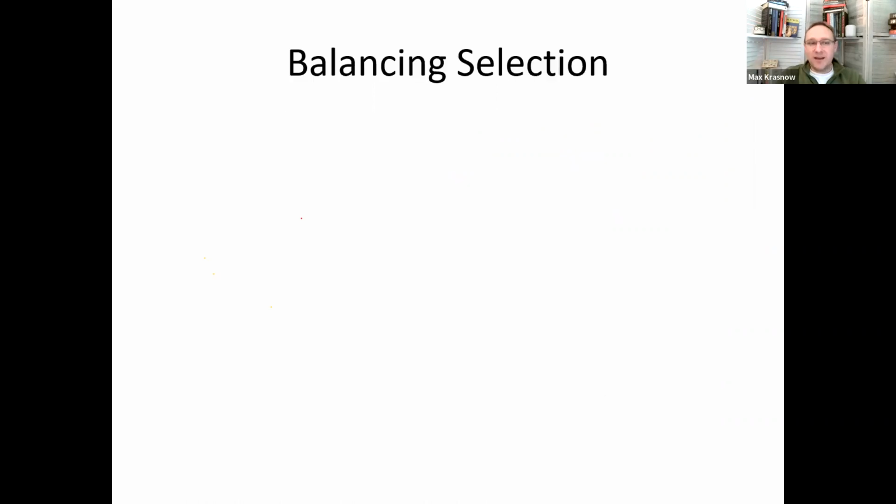Finally, we can think of this in a bidirectional way. This is often called balancing selection, where the fitness maximizing level of a trait is at some intermediate value. You can think of this like height, like there's positive selection as you're getting taller and taller and taller, up until the point where if you were taller than that, it would cause problems. And then it's worse for you to get taller and taller than that.